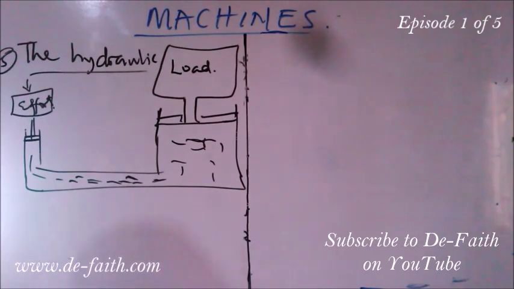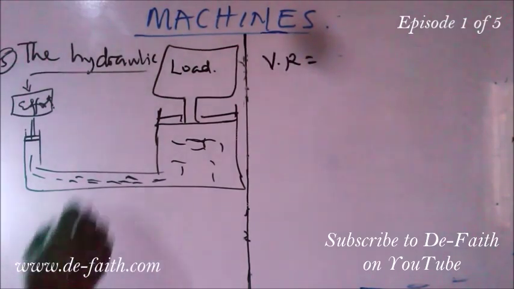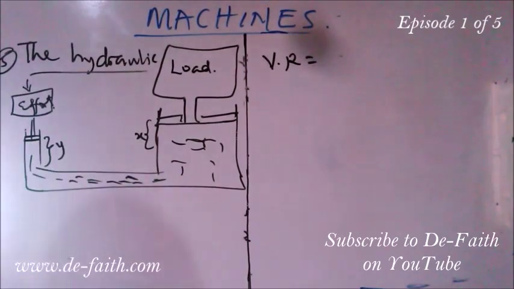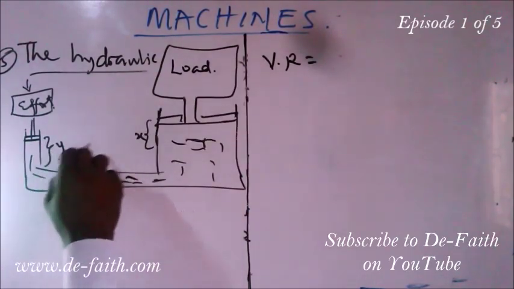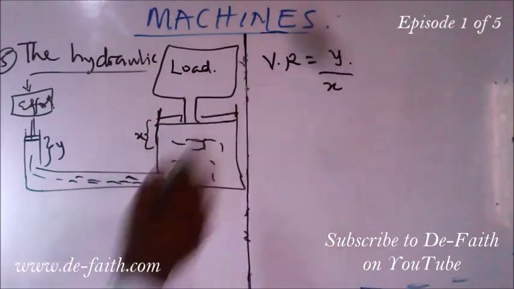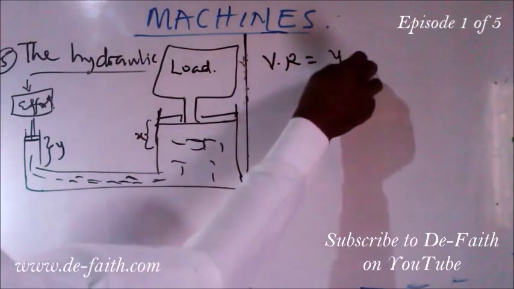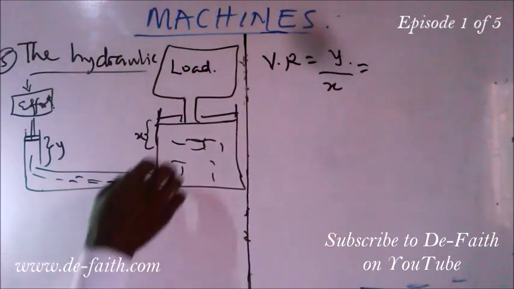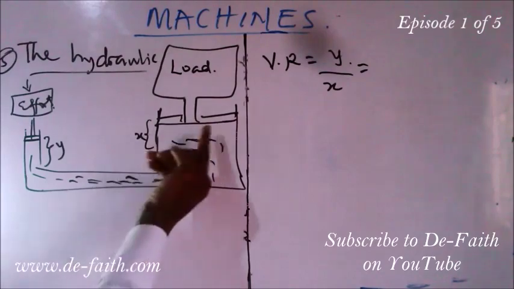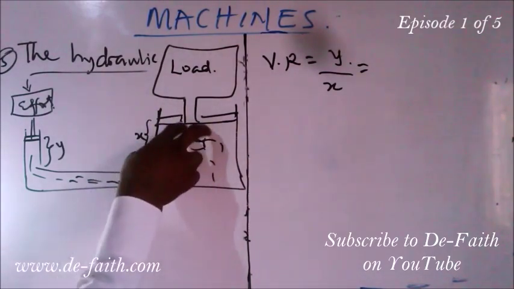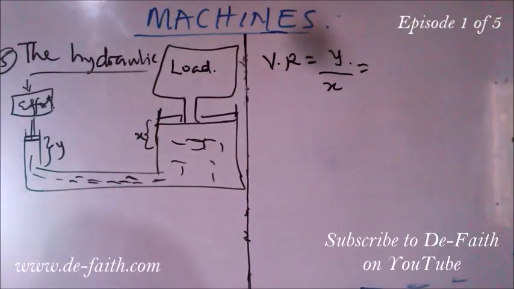Now in a hydraulic press, the velocity ratio is gotten by determining the distance moved by the effort and the distance moved by the load. So we have it as y over x over here. And aside from that, we also determine the velocity ratio by considering the area of the piston, that is the circular piston, at the load area and also at the effort area.